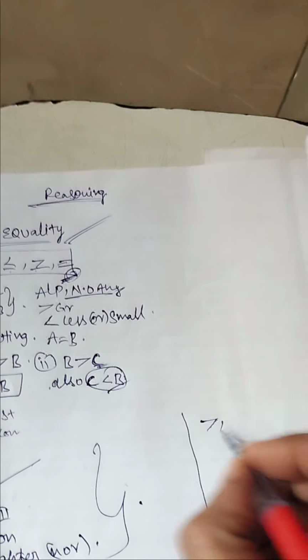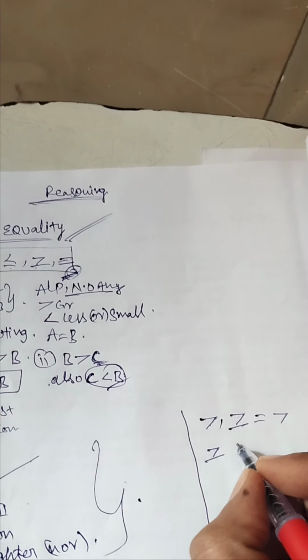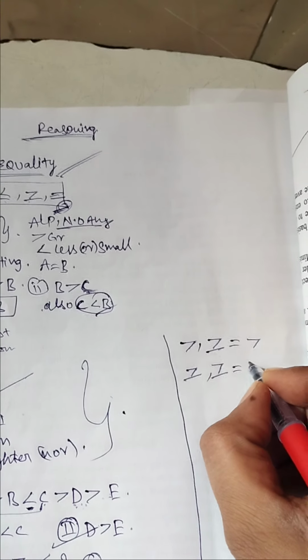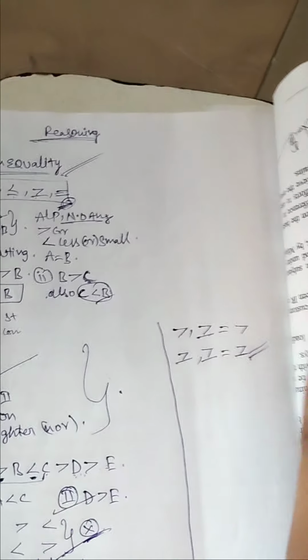And if the symbols appear as greater than or equal to, then greater than, here greater than, next also greater than, so it appears as greater than. Yes, it's a point simple and easy to remember.